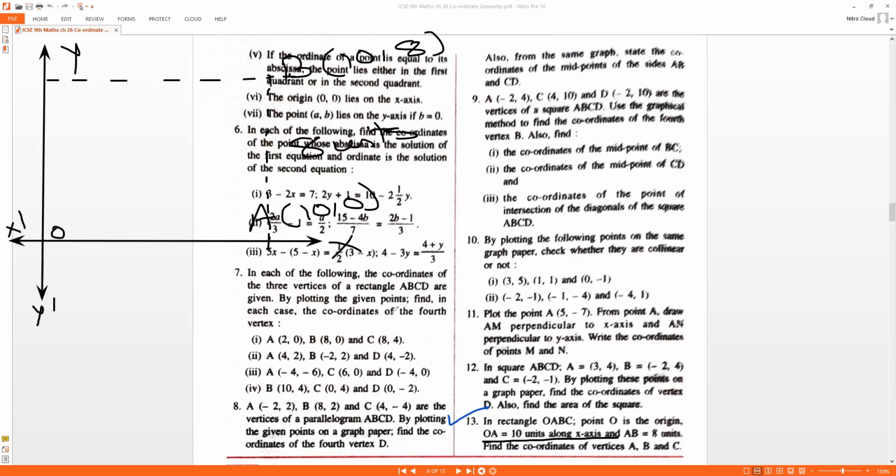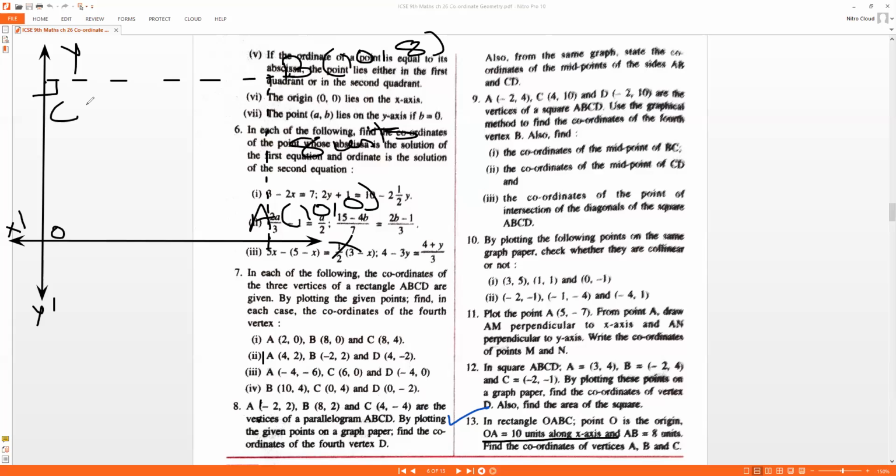Now my question is, why not draw AB downwards? In fact, you can, because they haven't said whether AB has to be taken along the positive y-axis or negative y-axis. But anyways, we'll assume that it lies in the first quadrant. This is our assumption. All right, this is B. Where will C lie?